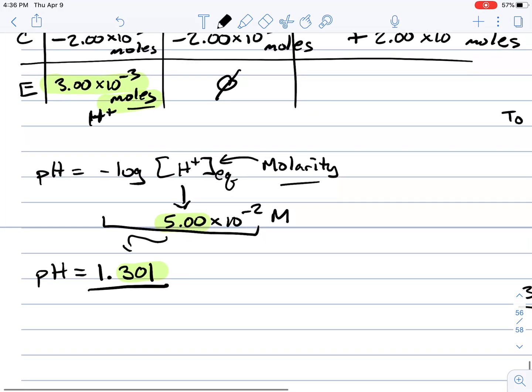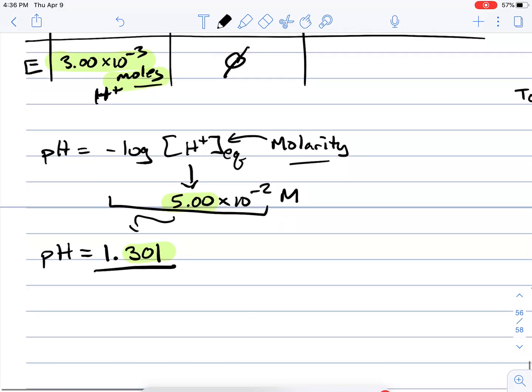And so since we are trying to use these pH values to build our titration curve, we're going to go ahead and state that when we added 10 mils of the base, the resulting pH is 1.301.